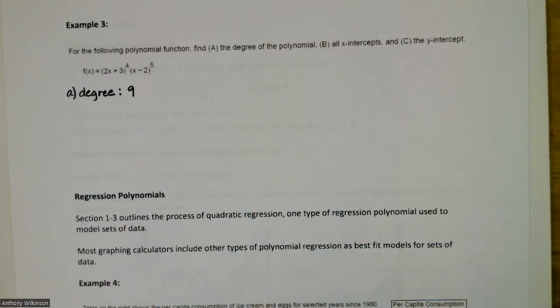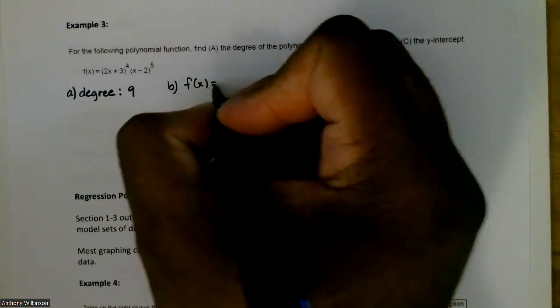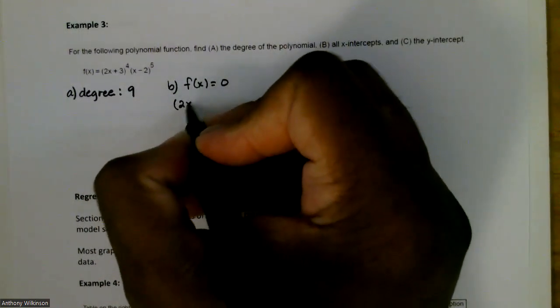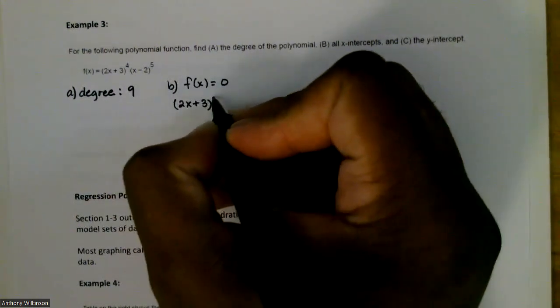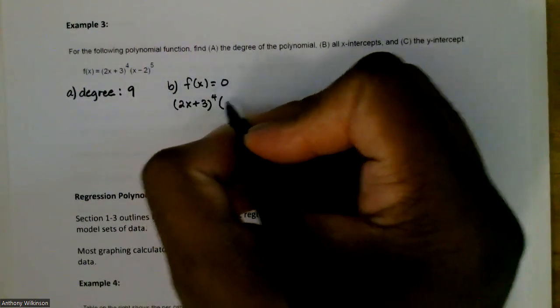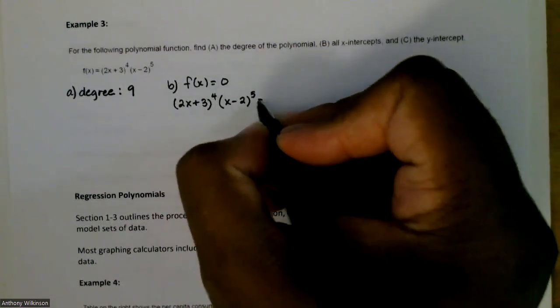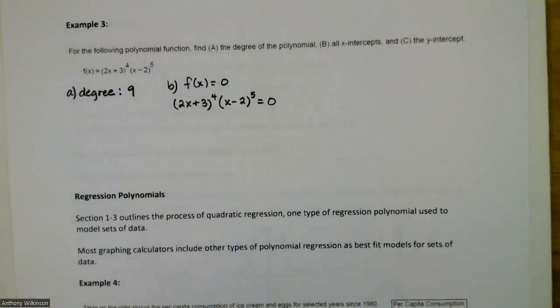Now, part B is finding all the x-intercepts. To do that, you take your f of x, set that equal to 0, which means I have the quantity 2x plus 3 to the 4th, times the quantity x minus 2 raised to the 5th equal to 0.